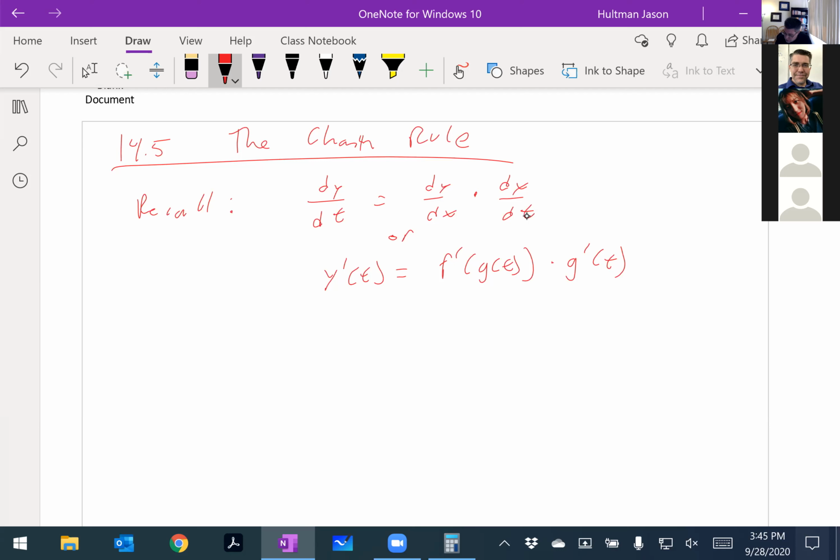Whereas it was g of t, f of t, instead of x, just think of t as your x, and we're going to make it a parametric equation on t. But then we end up with an x and a y value. It's an x of t and a y of t. So think of it that way.